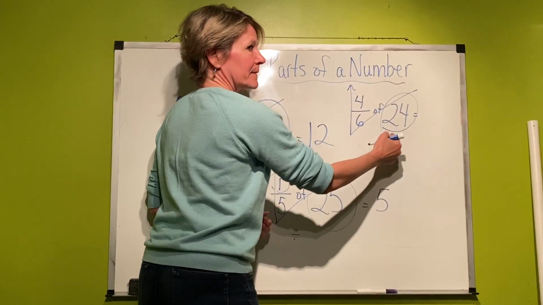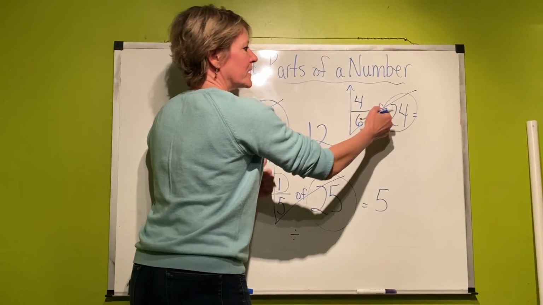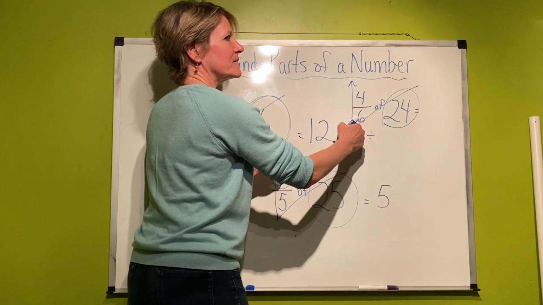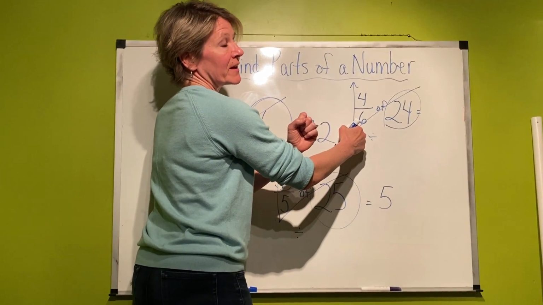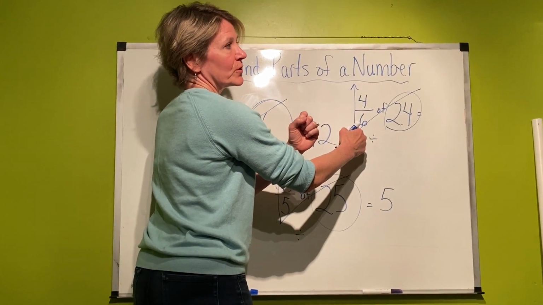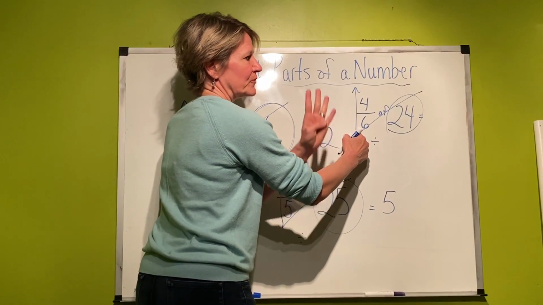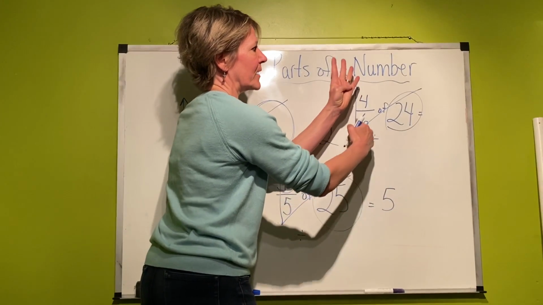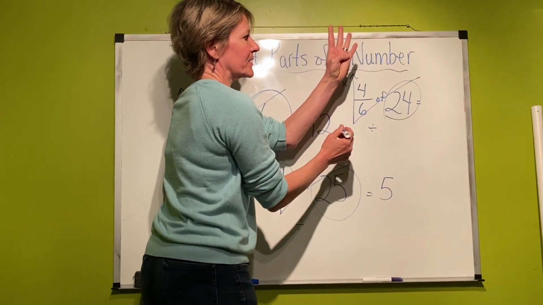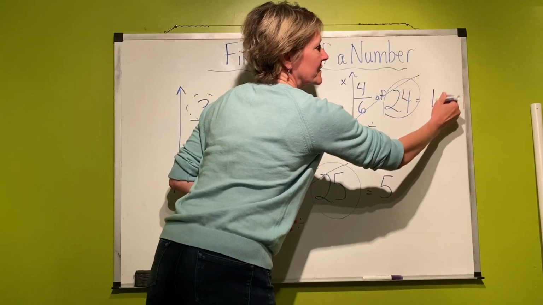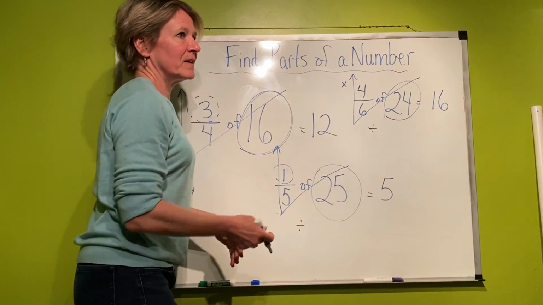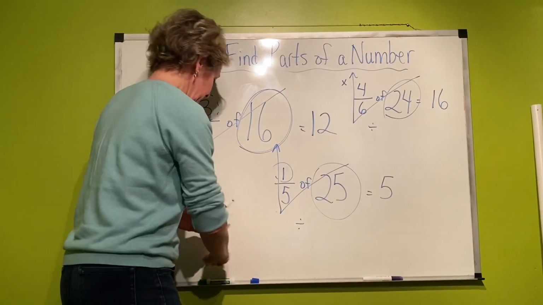Divide, multiply. That's it. 24 divided by 6. Do you have your number in your head? 24 divided by 6 is 4. So now let's send the 4 upwards in the multiplying part. 4 times 4 is 16. Zigzag over and over and over.